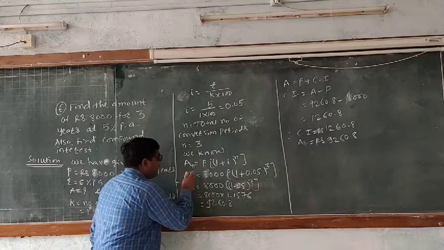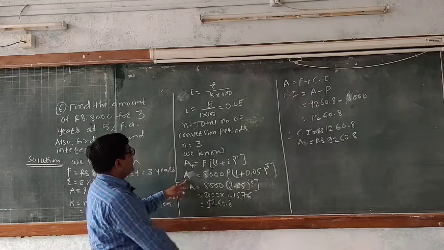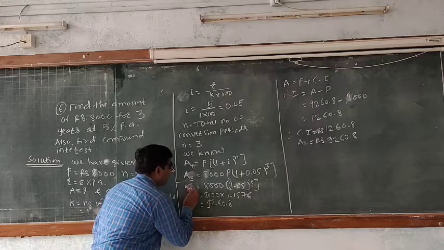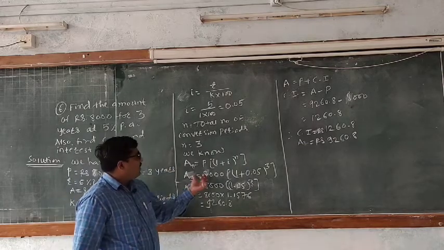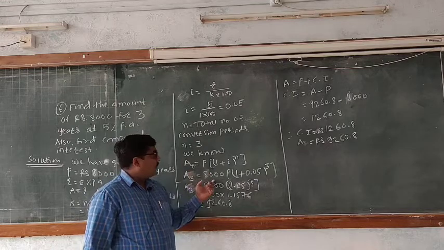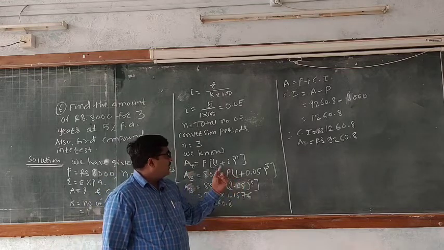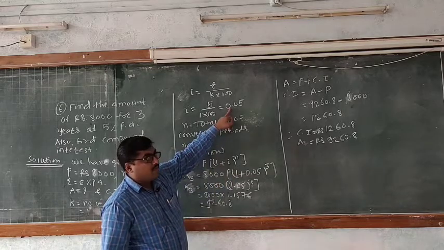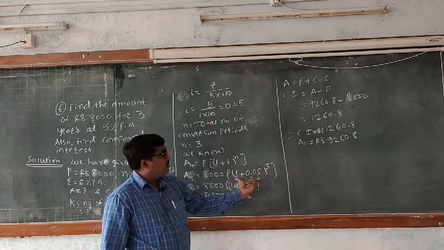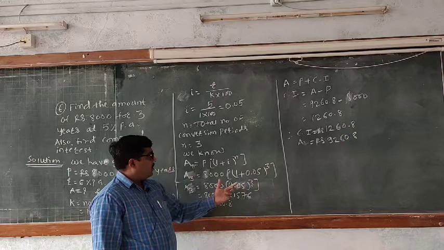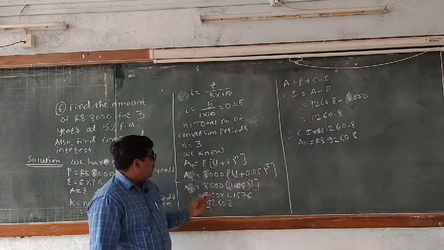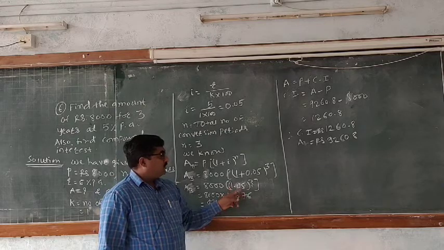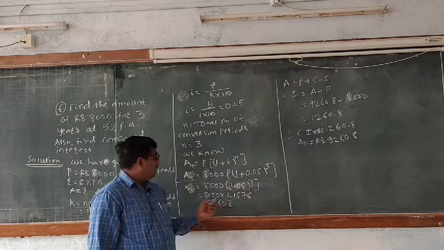Now N is 3, so A3 equals P, which is 8,000, into the bracket 1 plus I, which is 0.05, raised to power 3, because N is 3. So 8,000 into the bracket 1.05 raised to power 3.